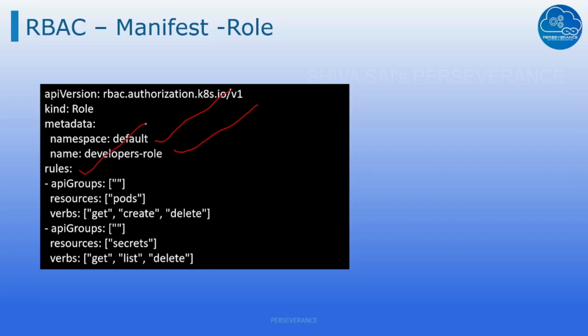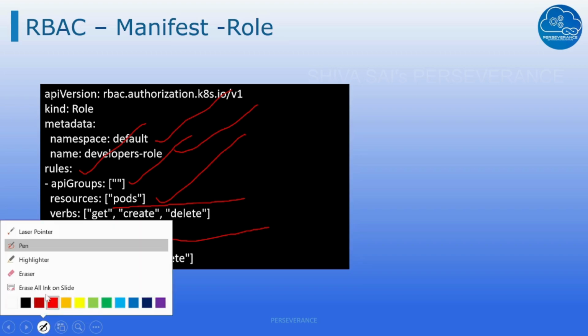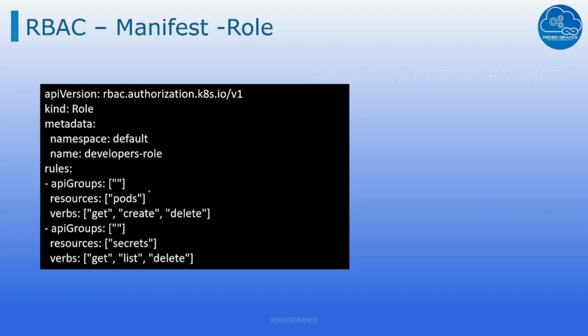Now comes the rules section: we select all API groups and resources. We are enabling permissions for some users in the future, so that they can control pods with only these three actions. They can get the pods, create a pod, and delete a pod. Other than that, they cannot do any other actions with respect to pods.